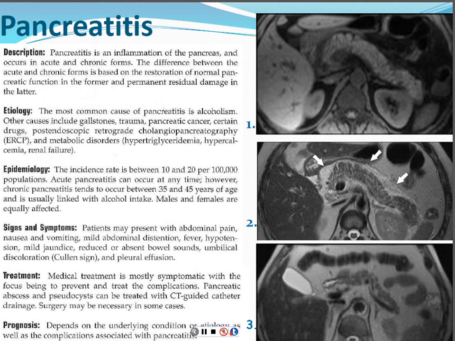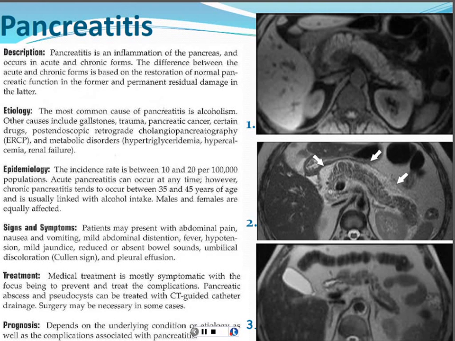MRI can also be really useful to try to figure out the cause of pancreatitis. The more common cause, of course, is alcoholism, but this can also frequently be caused by gallstones. As I showed you with the choledocholithiasis, if a stone is lodged down there in the common bile duct where the pancreatic duct drains in, it can block up the pancreatic duct as well, and that will cause inflammation of the pancreas.